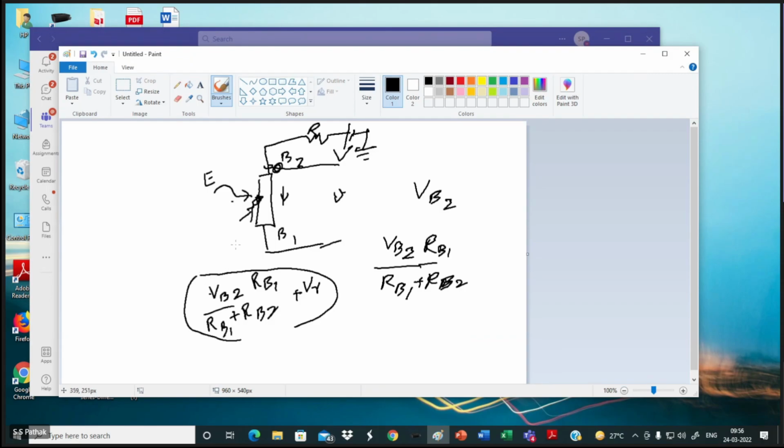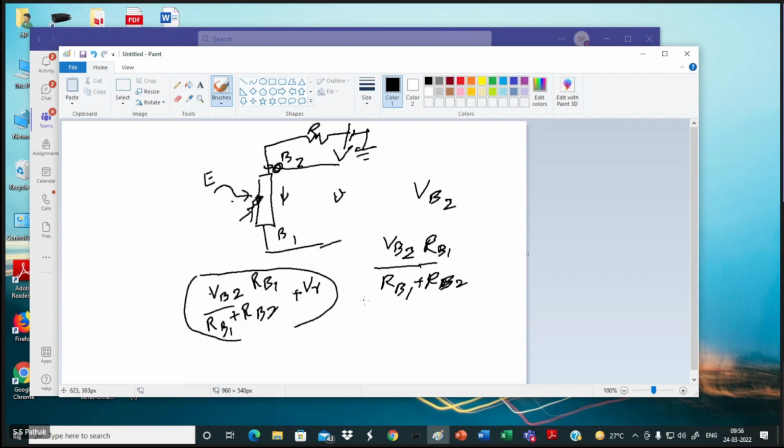Now I am applying the voltage here, going through the R. I have to compute your VB2 here, and that VB2 I substitute here. Now what will be the firing voltage? This voltage plus V gamma will be the firing voltage.